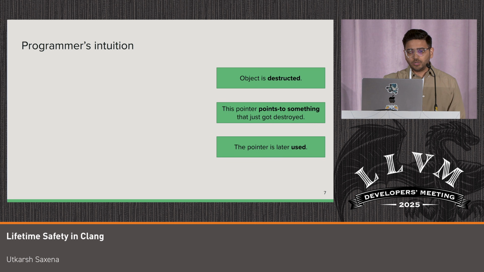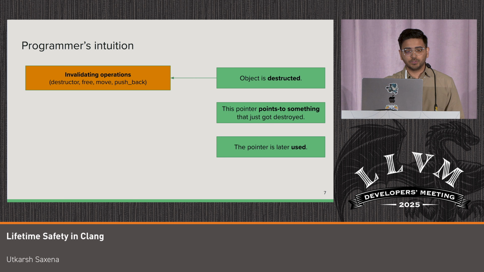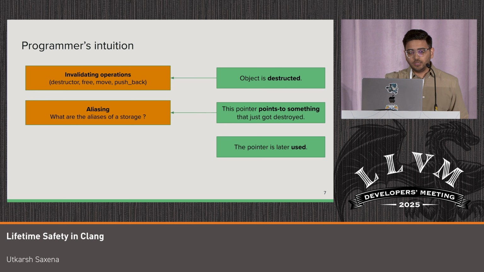So broadly speaking, we have these three key questions of interest. First, when is an object destroyed? Our first key interest is, more broadly speaking, invalidating operations, and destruction is only one of those kinds. We will see more deeply what these invalidating operations could look like. Second, independently, in a separate dimension, we want to know where a pointer points to that just got destroyed.